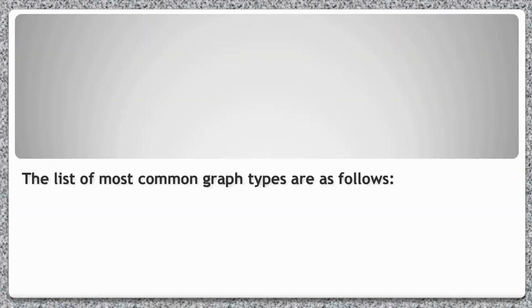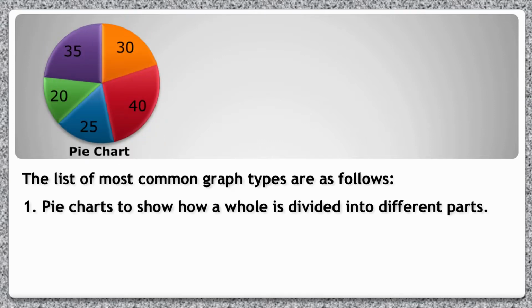The list of most common graph types are as follows. First one is pie charts, to show how a whole is divided into different parts.